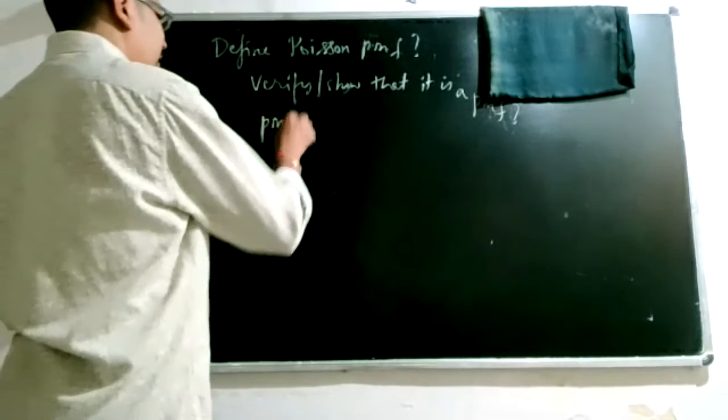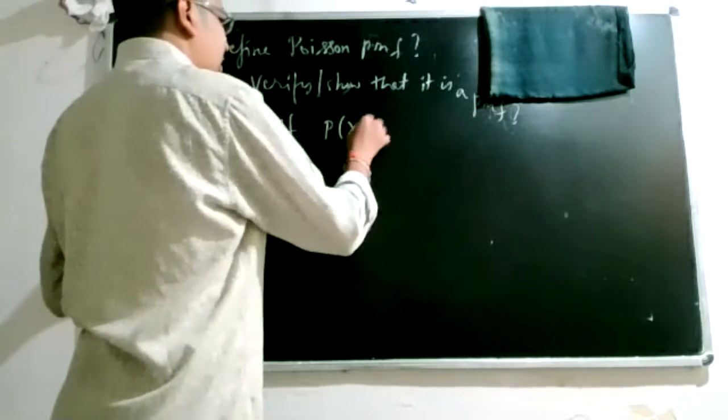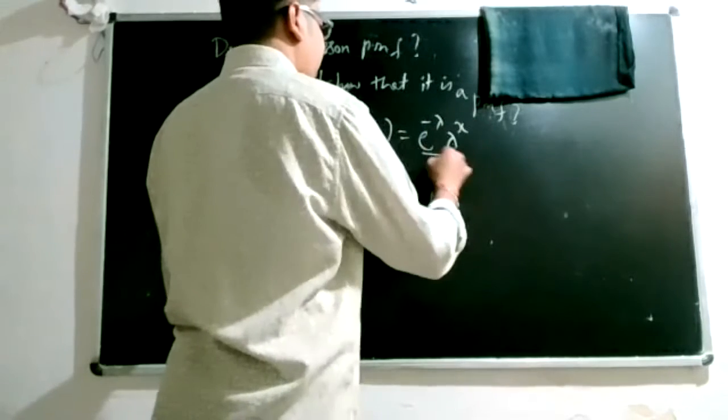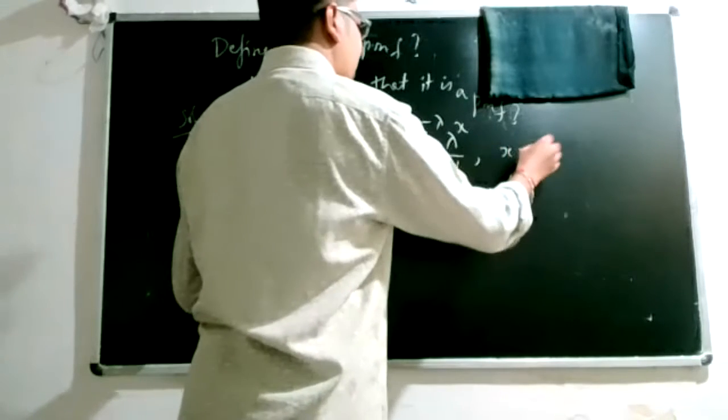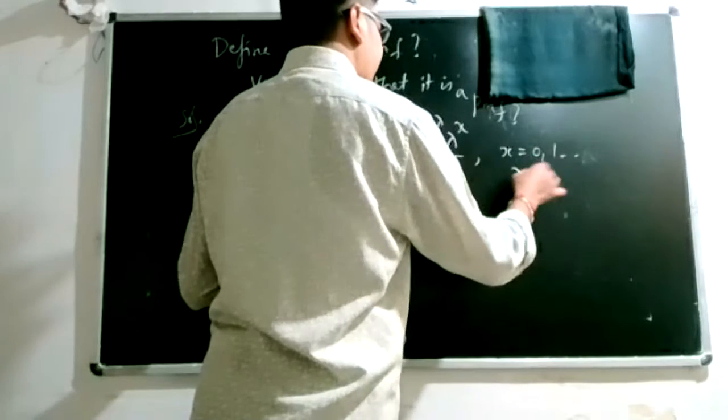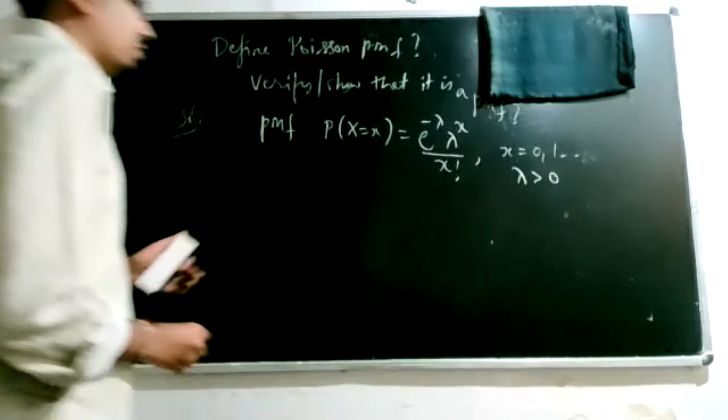We have PMF of X equals x equals e power minus lambda, lambda power x by x factorial, with x taking values 0, 1 to infinity and lambda greater than 0.